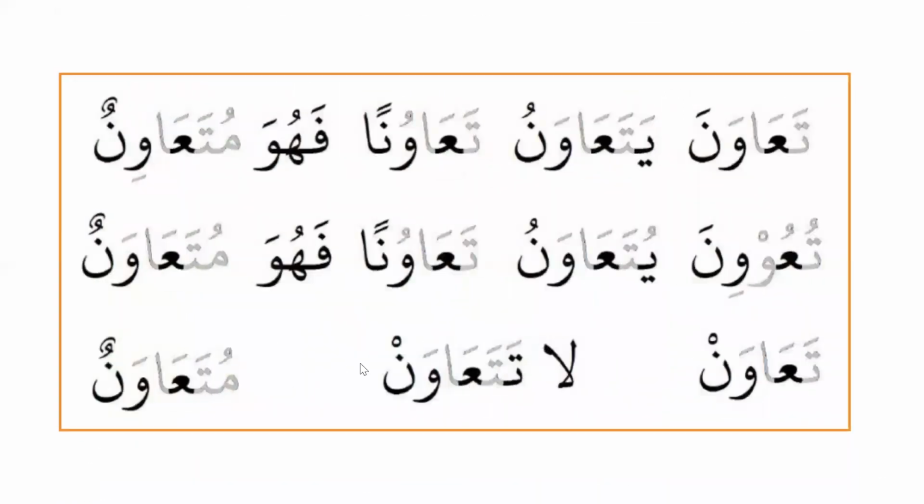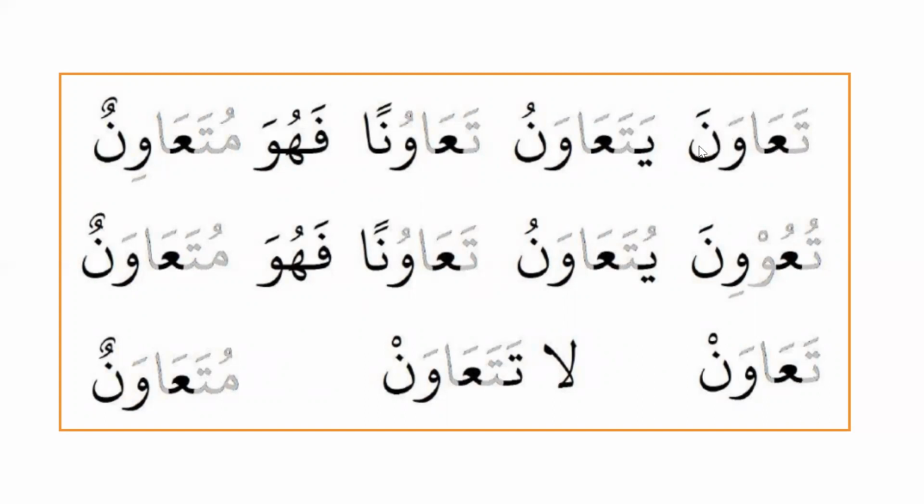This is the same thing in chart form, but over here you can see in bold ink the fa, ain, and lam kalma, the root letters.